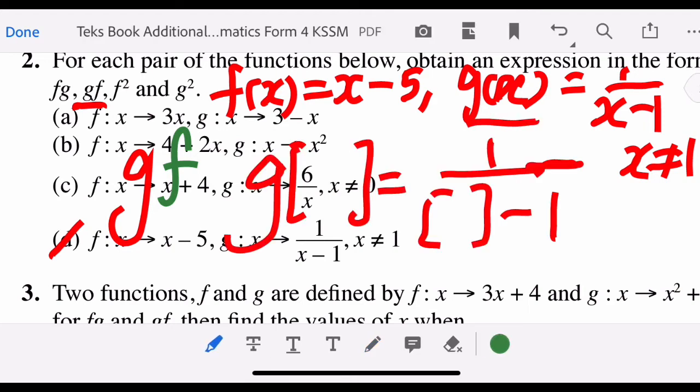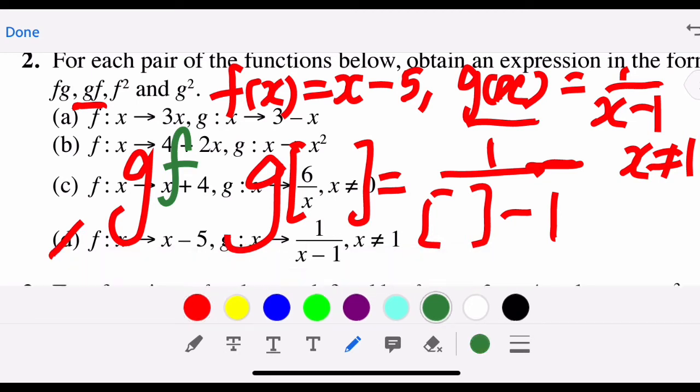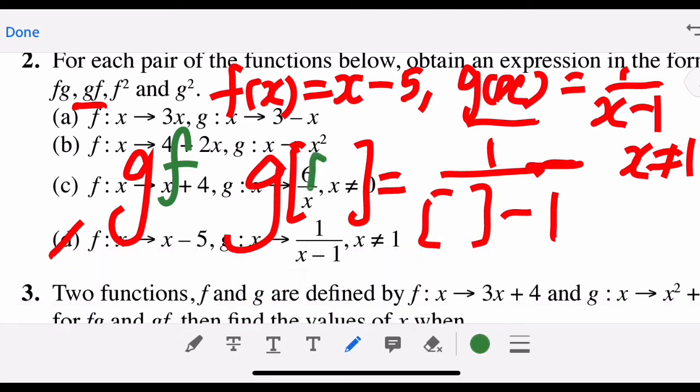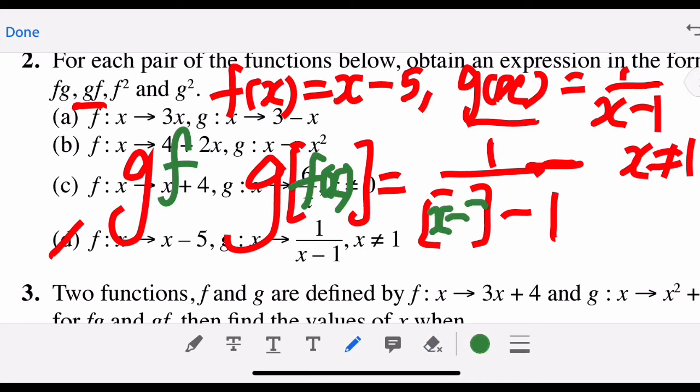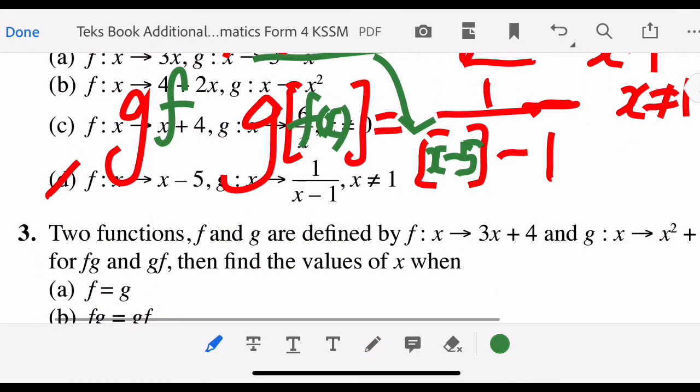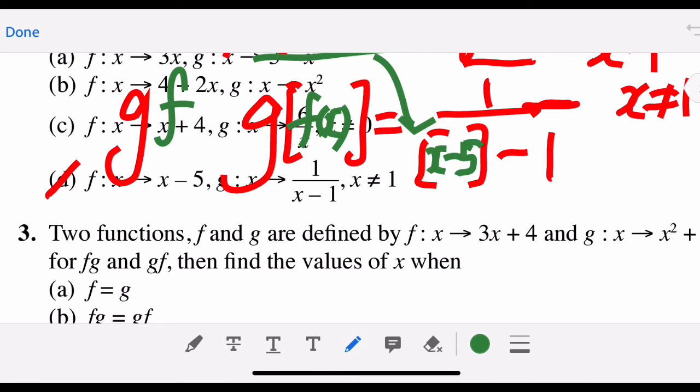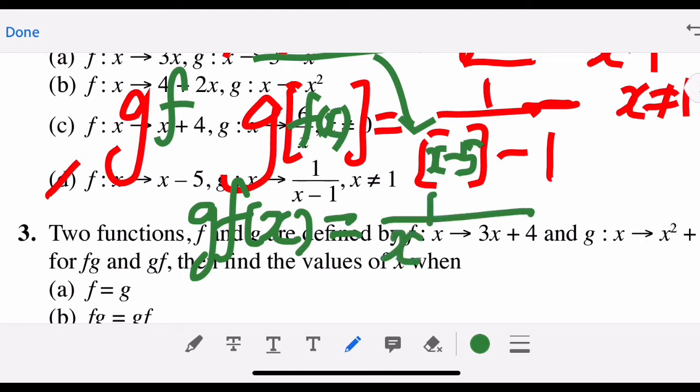So now what you need to fill in the bracket is the object, which is the f(x), right? So here you put the f(x), but the f(x) is x minus 5. So I'm not going to write again, I substitute the x minus 5 into there. Alright, so only the object changes. So now you can simplify as gf(x) is equal to 1 over x minus 5 minus 1.